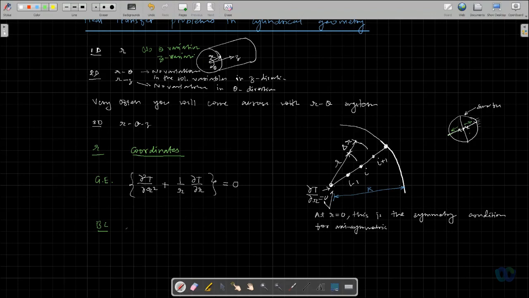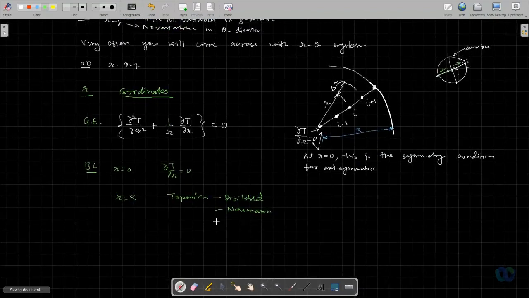For this, the boundary condition at r equals 0 is del T del r equals 0, and at r equals capital R, you can have T specified, meaning Dirichlet boundary condition, you can have Neumann boundary condition, or you can have Robin's boundary condition. Okay, so we'll consider one case at the appropriate time and go ahead.